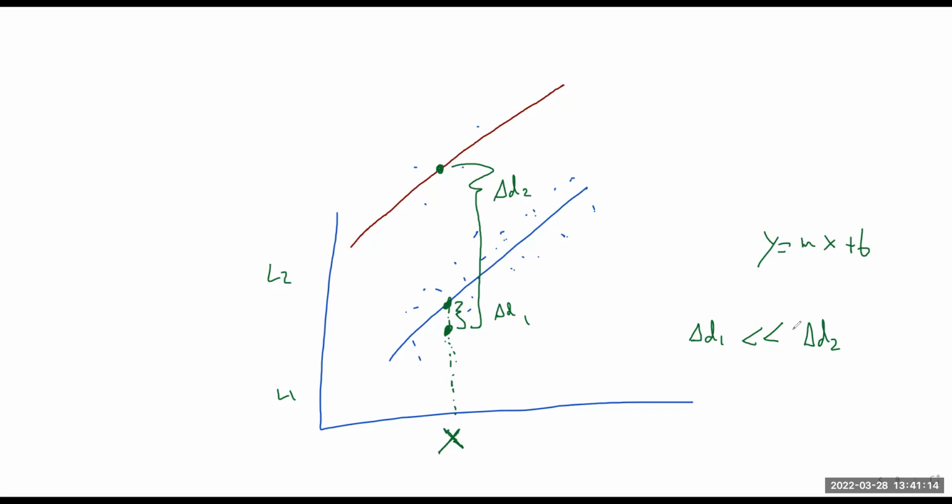Yes, but that's just for one point, and it's for all these points. So which is the best line? The best line is the one where the sum of all the differences between the real and the predicted is minimized. And that's the sum of squared errors.